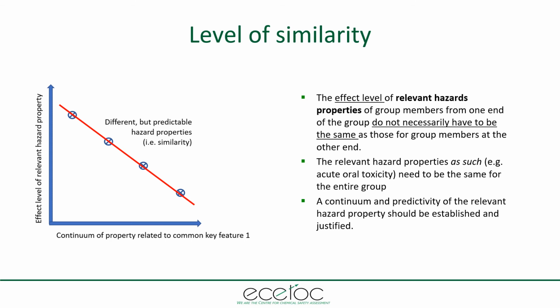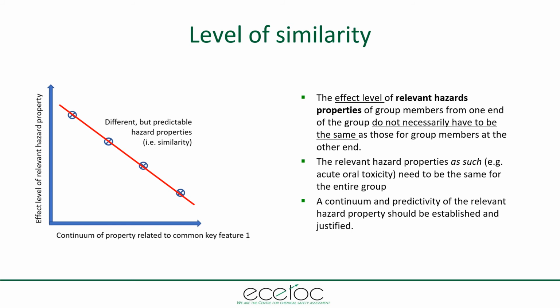The effect level of these relevant hazard properties of a group member from one end of the group does not necessarily have to be the same as those for group members of the other end, but it has to be predictable in their hazard properties in the meaning of similarity. So overall, it can be different but predictable.